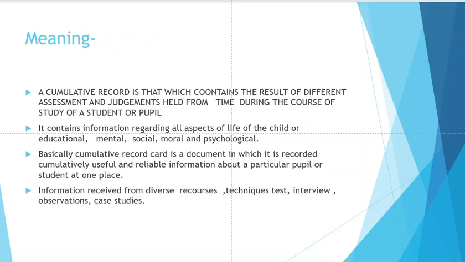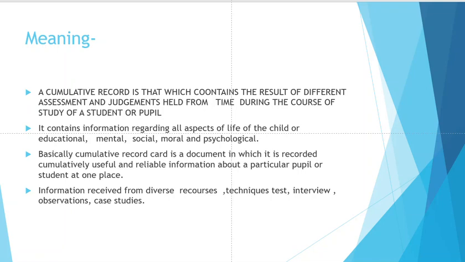Cumulative record is the compilation of information maintained in the school for the students. It contains factual, objective and professional information regarding a student's academic progress also. It gives the overall picture of the student. It is not only related to the academic or educational part, but covers the mental, social, moral and psychological aspects of the child.